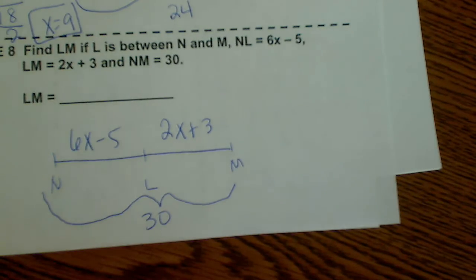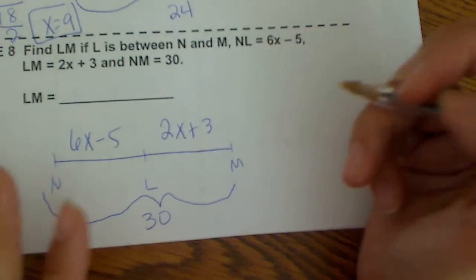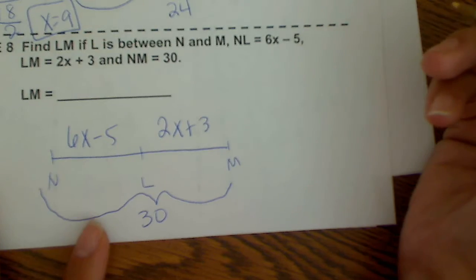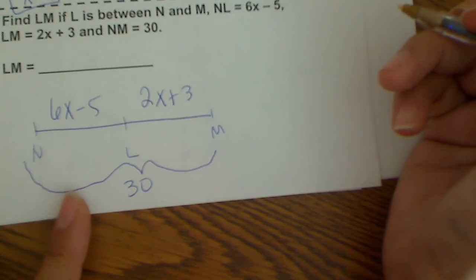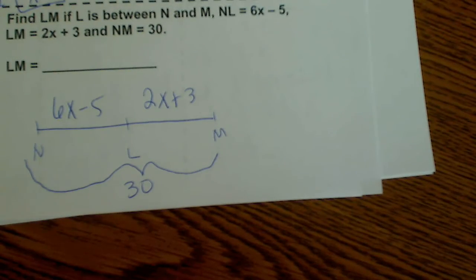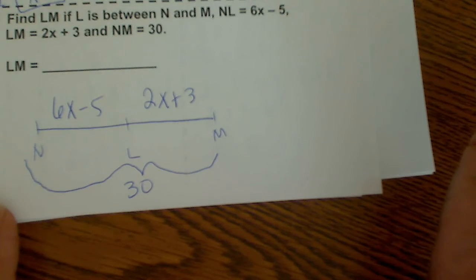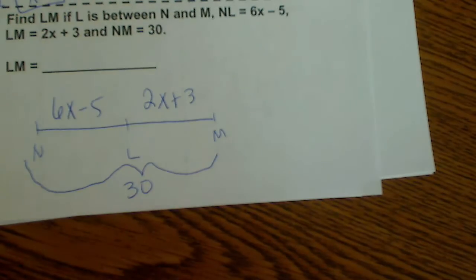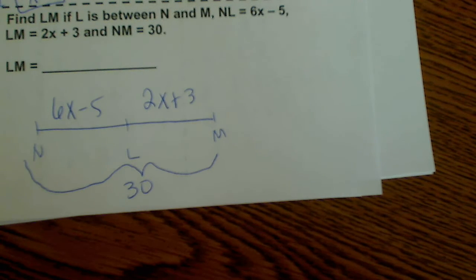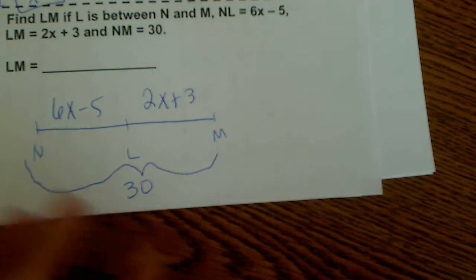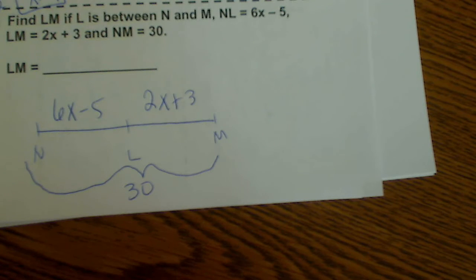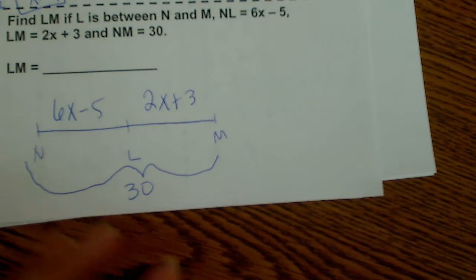All right, Tanner, how would we set this equation up? 8x equals 30. Madison, how would we set this equation up? How do we do this? Raise your hand if you know how to set up the equation.